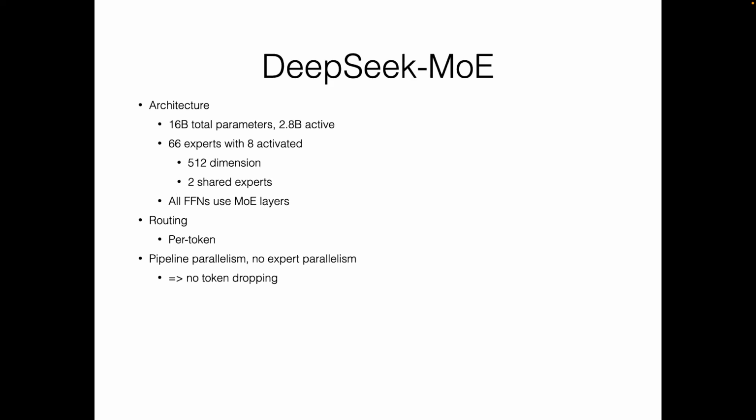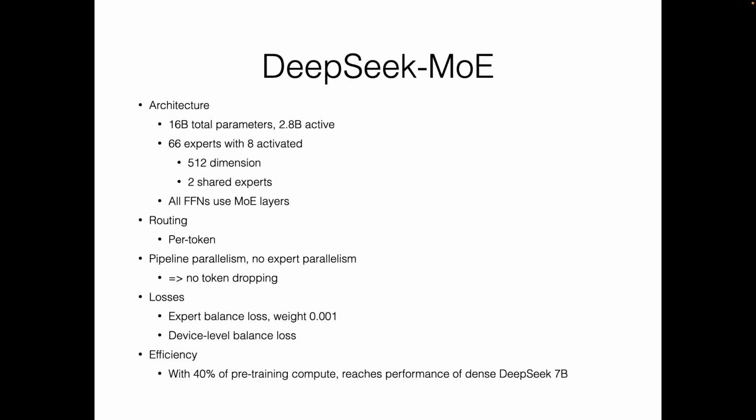As a result, they don't have an issue with token dropping. If you look at the exact loss, it's basically what we went over. They use the expert balance loss and the device level loss. Maybe I should have looked in the appendix, but in the main text they didn't mention the Z loss in DeepSeek mixture of experts, but maybe go back and check that.